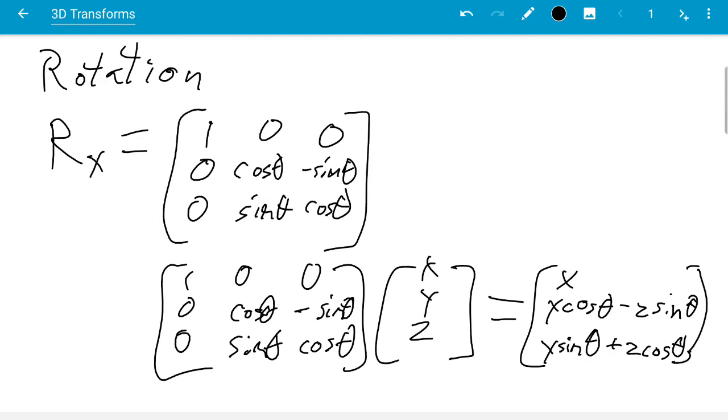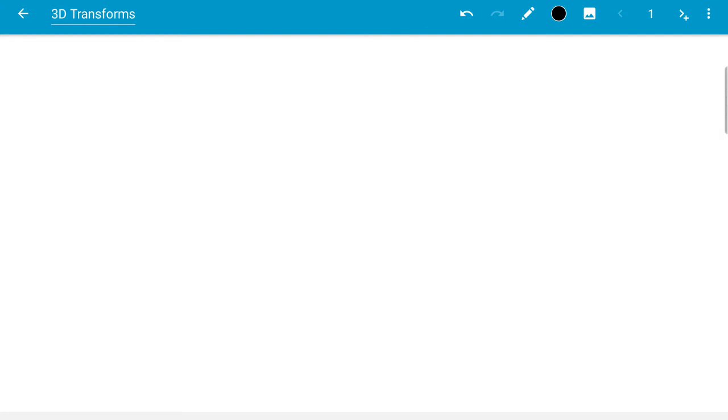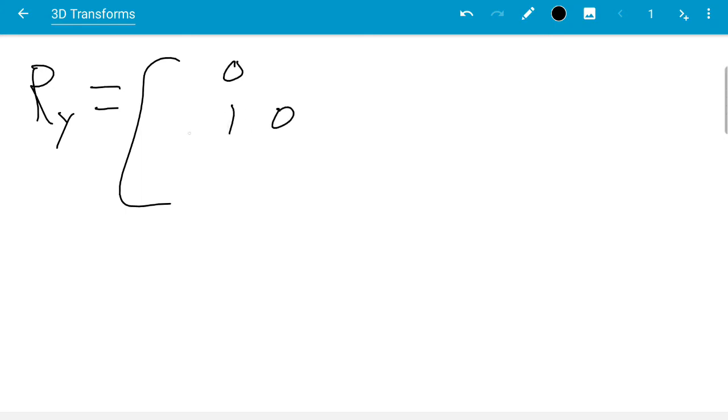x-axis. So let's look at the other two, rotation about the y-axis. This one is going to still look similar, except we want the y-coordinate to stay the same. So let's apply that part of the identity matrix.